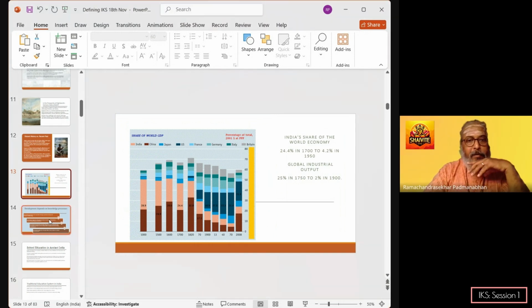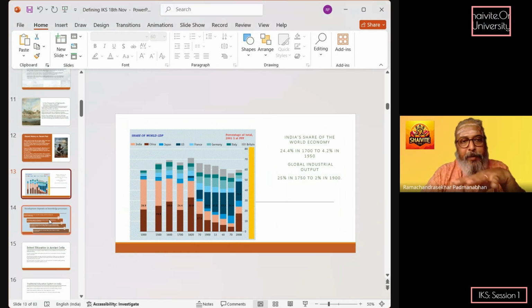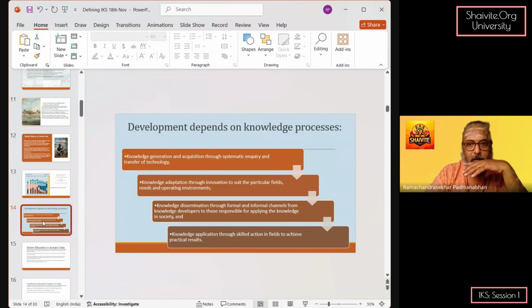So when we speak of these, it is important to know that the prosperity of a society depends on its knowledge process.